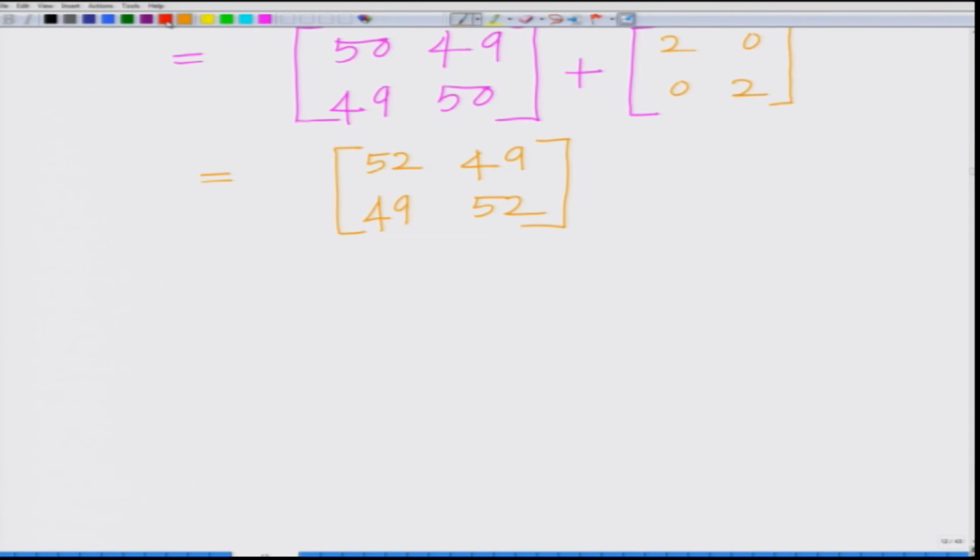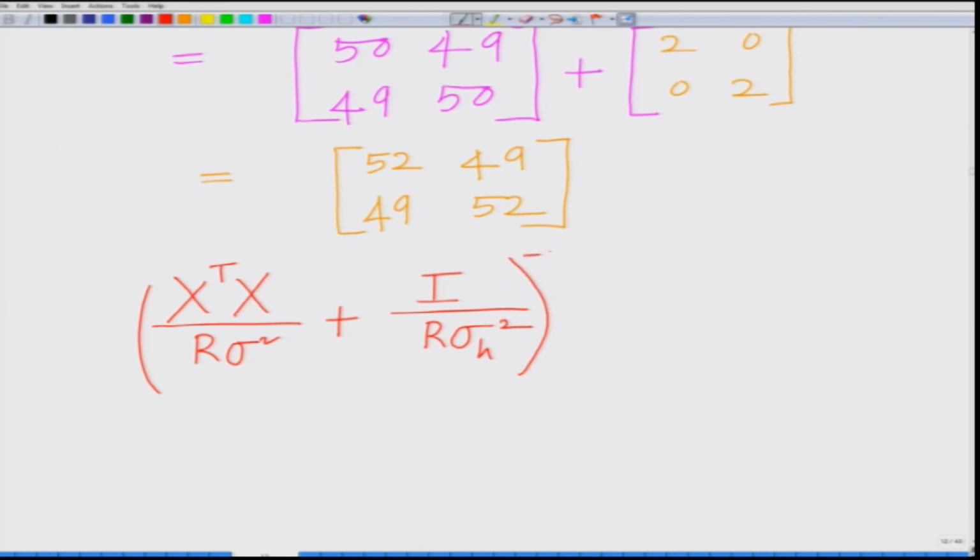Therefore, now we compute the inverse of this quantity, x transpose x divided by r sigma square plus I divided by r sigma h square, inverse. Now it is a 2 cross 2 matrix.